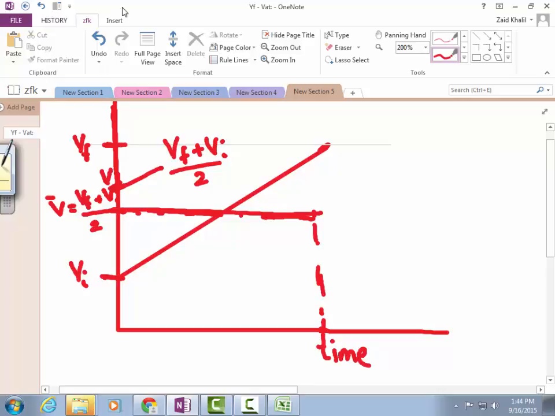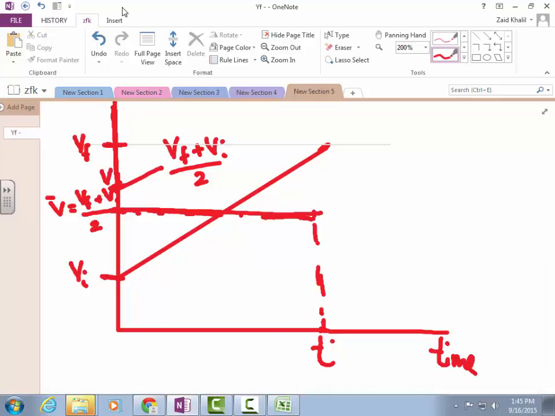So if all this is happening over some time t, this is time, then what can we say? Well, we know that the displacement is the area under the curve, correct? So what can you say about the area of that rectangle? Anyone?